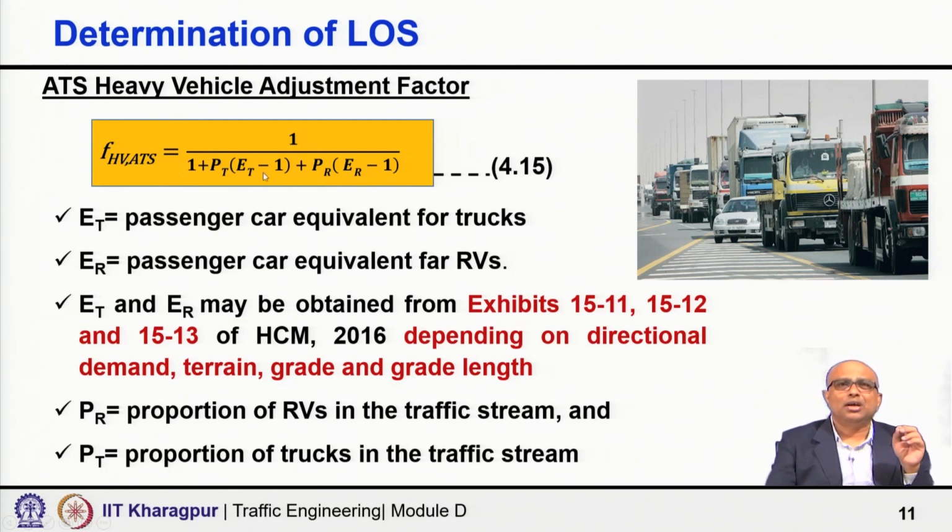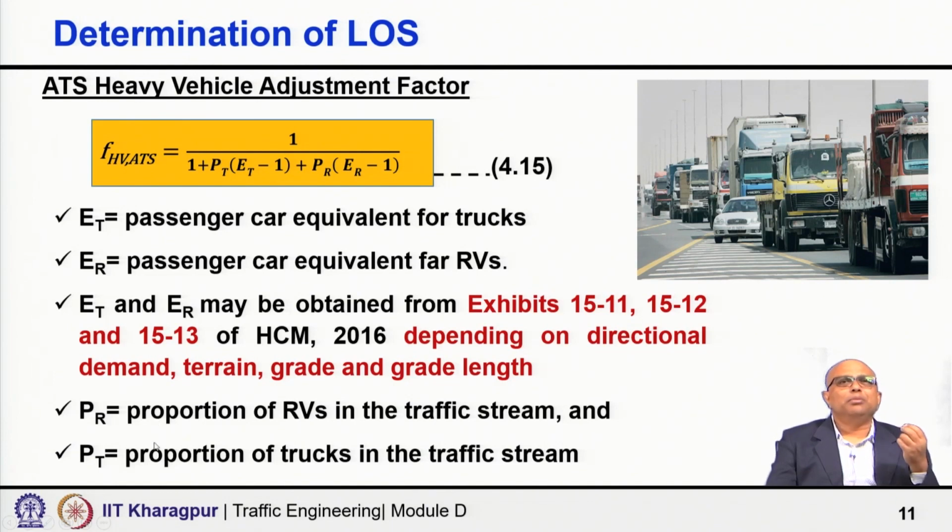We can get it from exhibit 15.11 or 15.12 or 15.13, as the case may be, depending on the context. We may also have to consider directional demand, terrain, grade and grade length, depending on which exhibit is applicable.